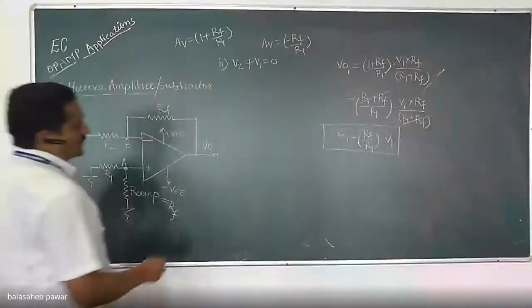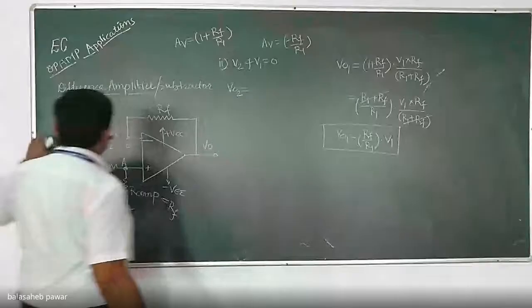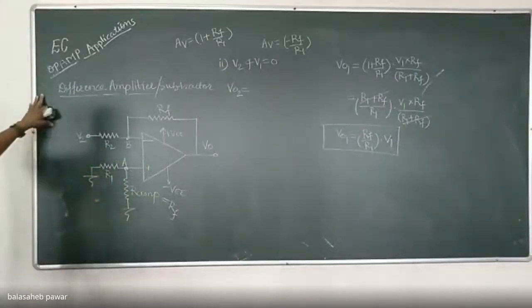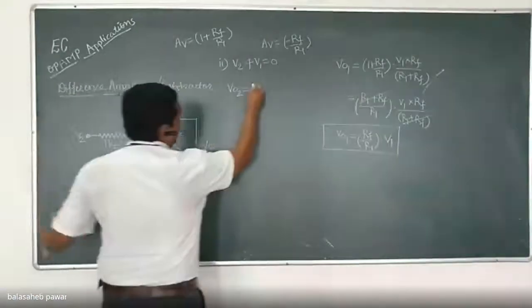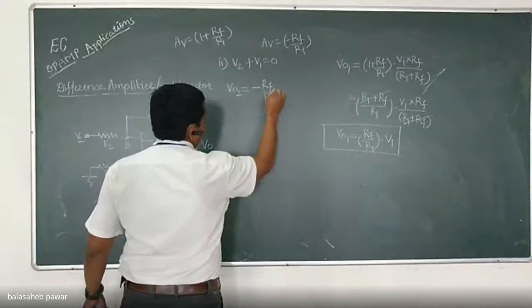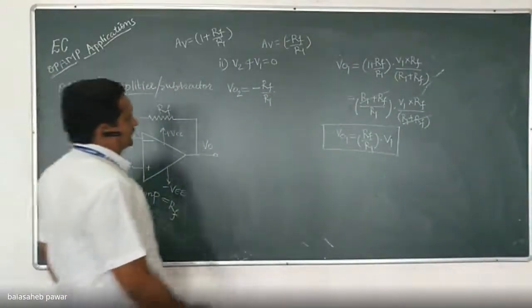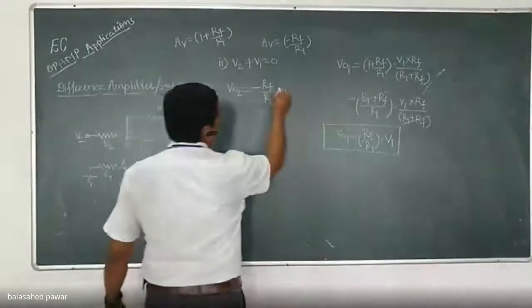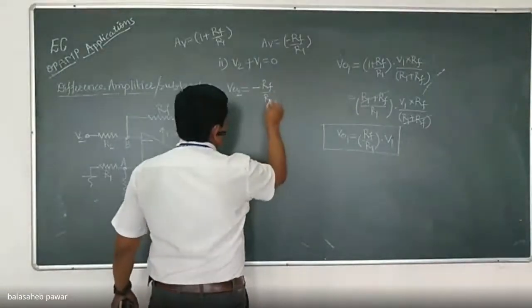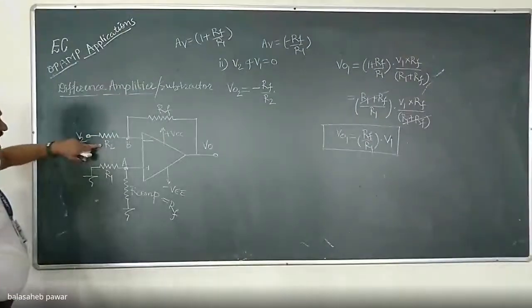So VO2 is the output voltage obtained by the second voltage source. VO2 will be minus RF by R1 times that input, V2. Are you agree with this? It is RF by R2 actually, in this case, because the input resistance we consider as R2.